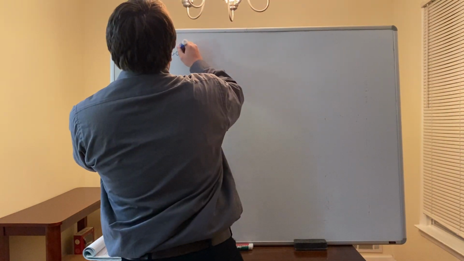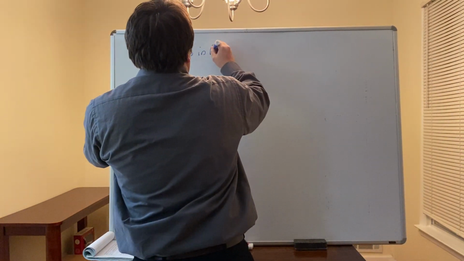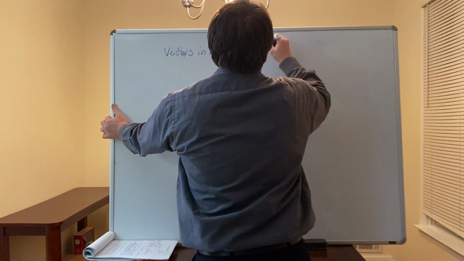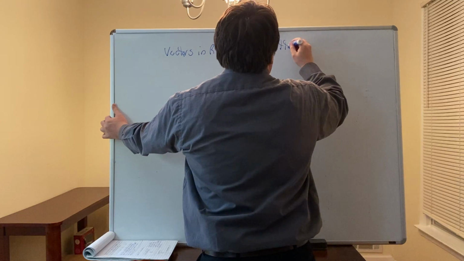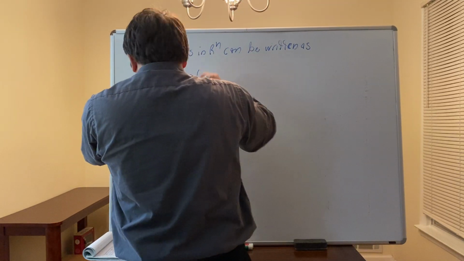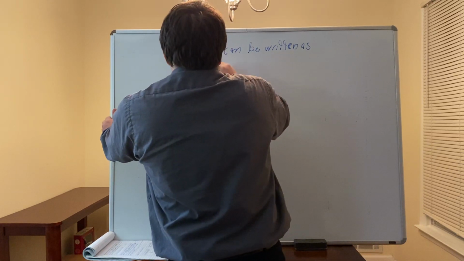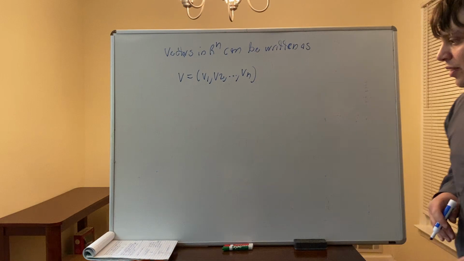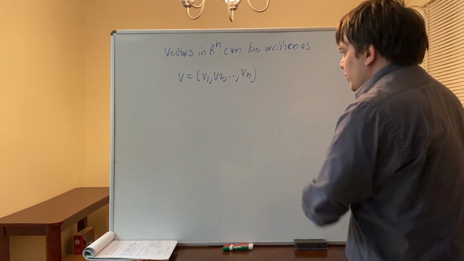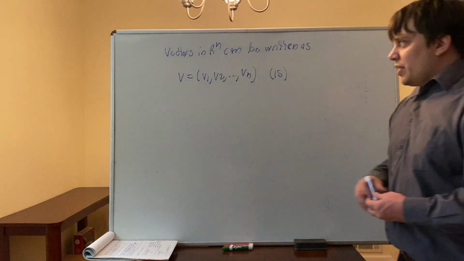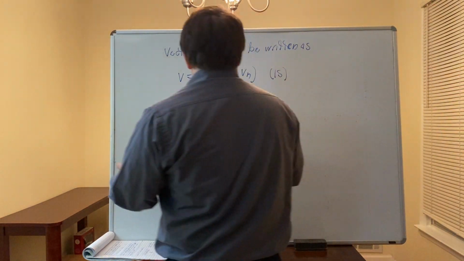Okay, so vectors in Rn can be written as, so v is that vector with n components, and it's a vector in n space.